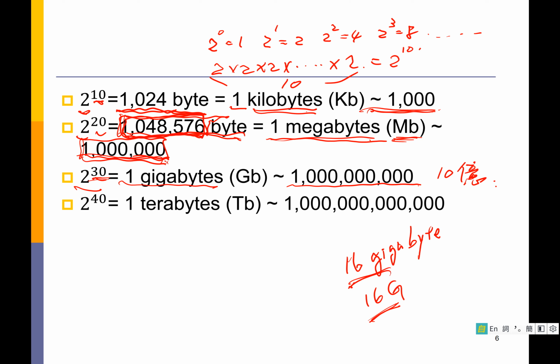What is 16 G? In Chinese, it is 160亿 bytes. So it's a pretty large, pretty huge number of memory space.